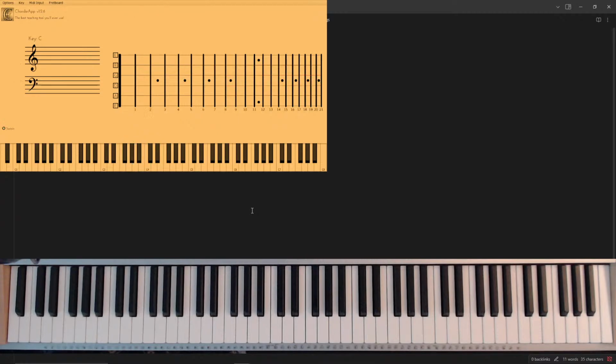Okay. Let's make that bigger. This is our chord in root position. This is first version.